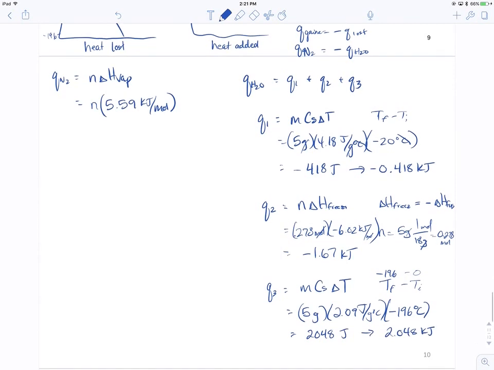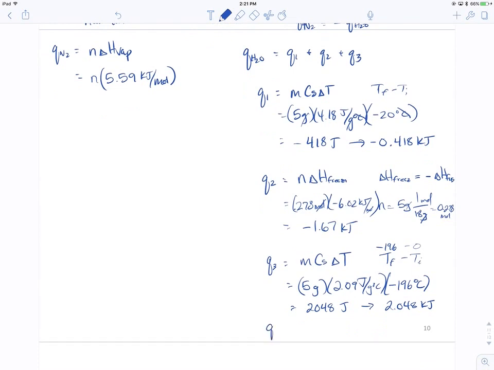So I add all this up. Q water is equal to minus, sorry, this should be negative as well, minus 0.418 kilojoules, minus 1.67 kilojoules, minus 2.048 kilojoules. So this is minus 4.14 if we round, kilojoules.